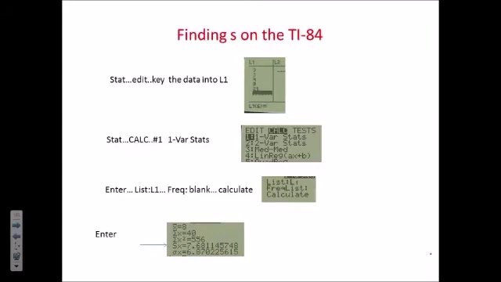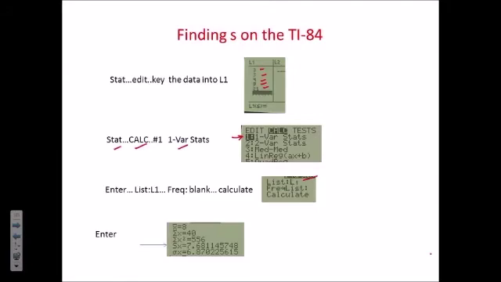You can find S on the TI-84 in a similar manner to the way you found means. Clear the machine, enter the scores into L1, press stat, calculate one variable statistics. Your list would be L1.